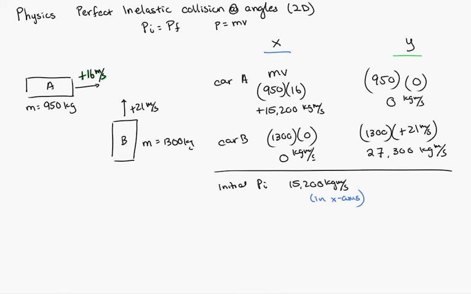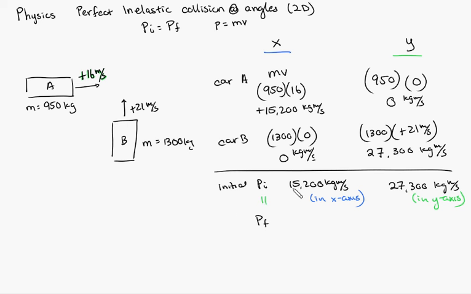And then the other one is 0 plus this, so you get 27,300 kilogram meters per second in the y axis. Now, remember, initial momentum is equal to final momentum. So if the initial momentum is this and this, then final momentum is the same thing.